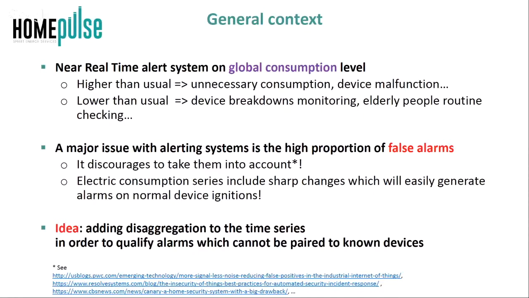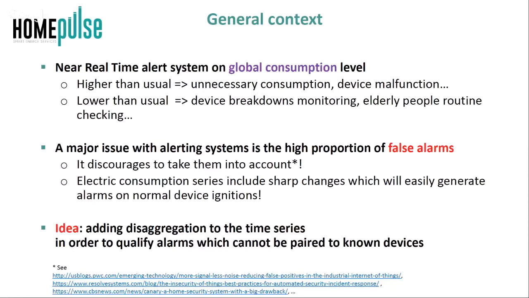But the problem with that kind of alert system is that most of the time there is a very high proportion of false alarms. For example, in the electric load curve, each time a device is turned on, there is a big gap in the consumption, so each time there is a risk that this device triggers a false alarm.